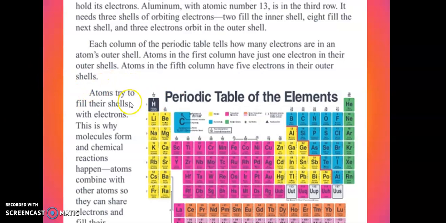Look, atoms try to fill their shells with electrons. This is why molecules form a chemical reaction. Pay attention. Each column of the periodic table tells how many electrons are in the atom's outer shell.